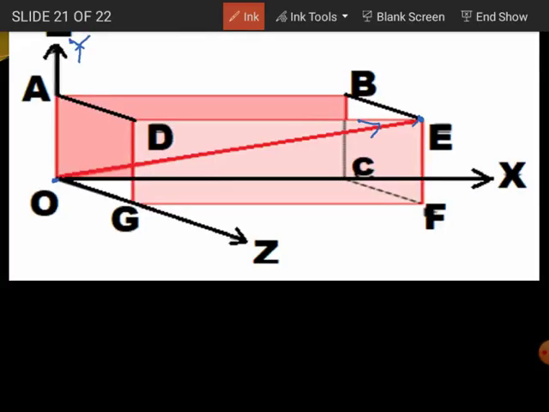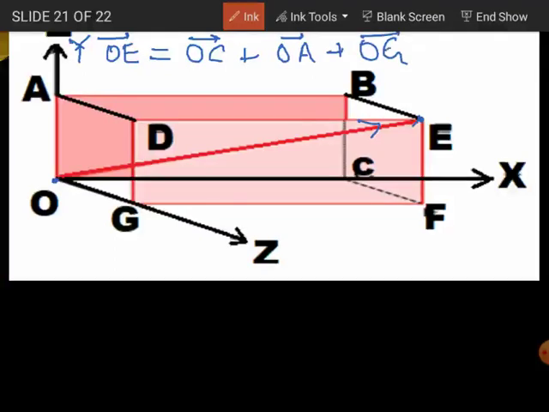So now let's represent it: the OE vector will be equal to the OC vector, as I said in the previous slide, plus the OA vector plus the OZ vector. These OC, OA and OZ vectors are known as components of the given vector OE.